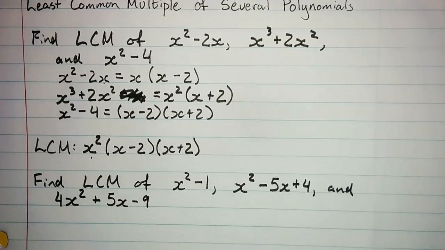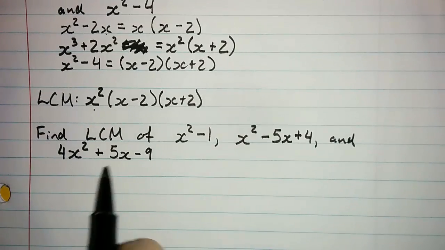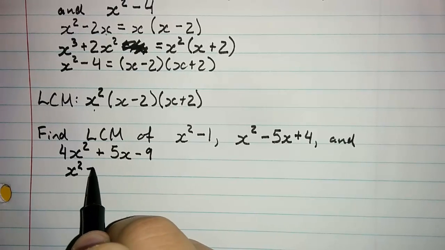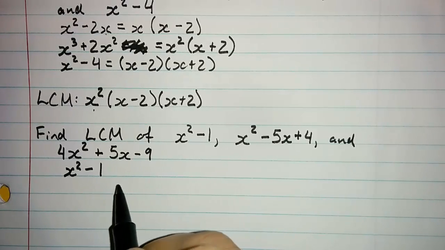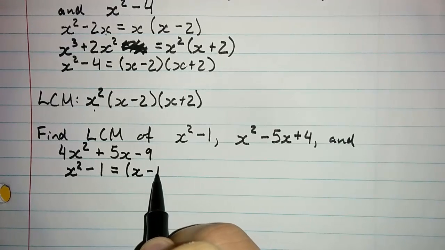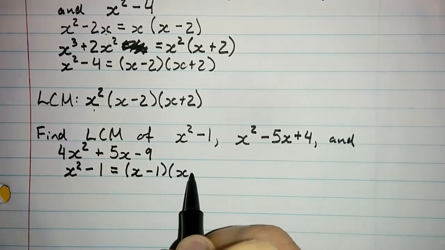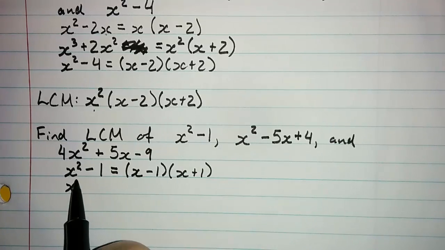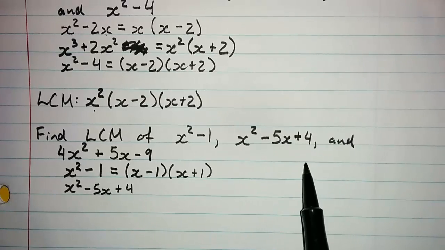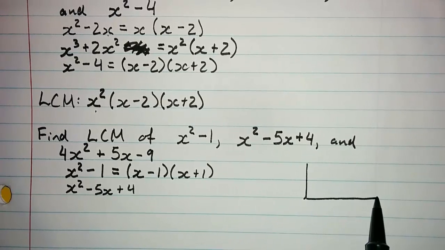Alright, first we need to factor our three polynomials. X squared minus 1 is easy. That's a difference of squares. So we factor it as x minus 1 times x plus 1. X squared minus 5x plus 4, that's a quadratic trinomial.